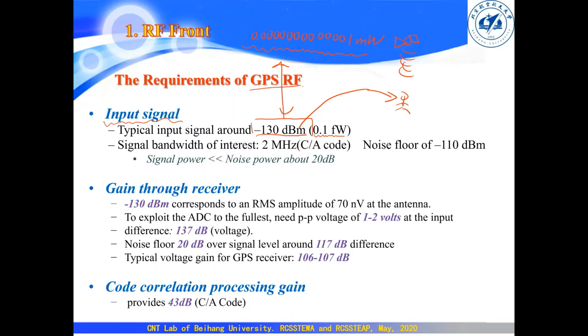And for the signal, the bandwidth is 2 megahertz for the C/A code. Now let's see the noise floor, because you will not only receive the signal from the satellite, but also a lot of thermal noise.